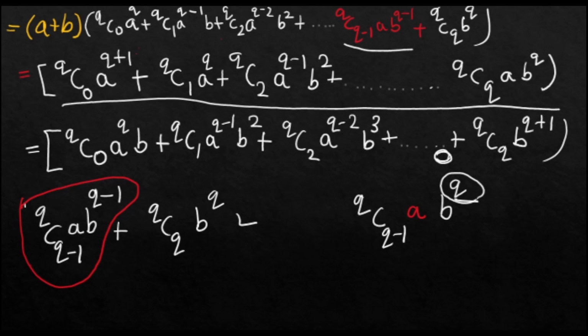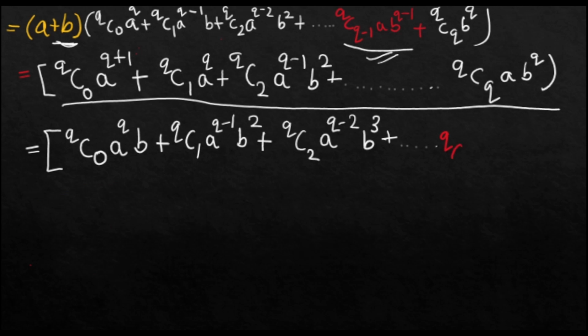So when multiplying B with the previous term, we get QCQ minus 1 for the previous term, A, B, Q minus 1. This B is multiplied with this B, then the index will get added by 1.